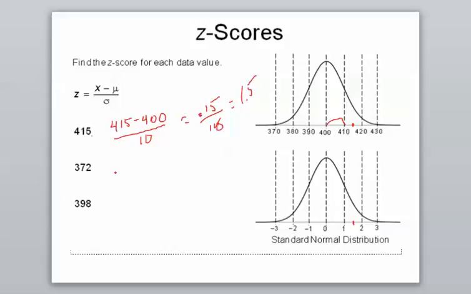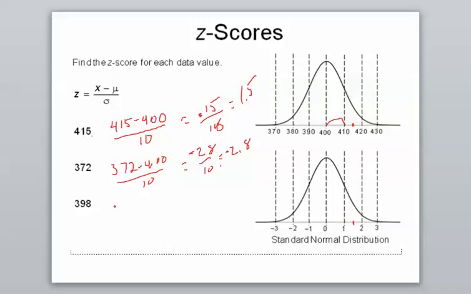Okay? Let's try another one. 372 minus 400 divided by 10, and that's going to be 28 divided by 10, or 2.8, and it would be a negative value.